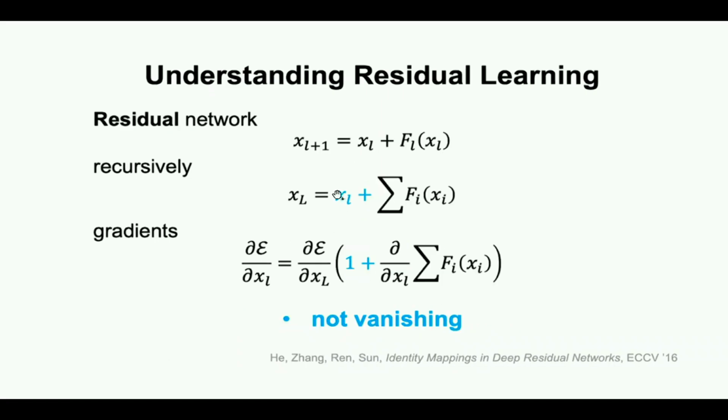But if we have this residual block explicitly introduced in our function space, we have this 1 in front of the gradient. So even if the later part is vanishing, we still have this 1 in front, which stabilizes our gradients. And we know that 1 is a good number to have, and that's what all the normalization modules are targeting, right?